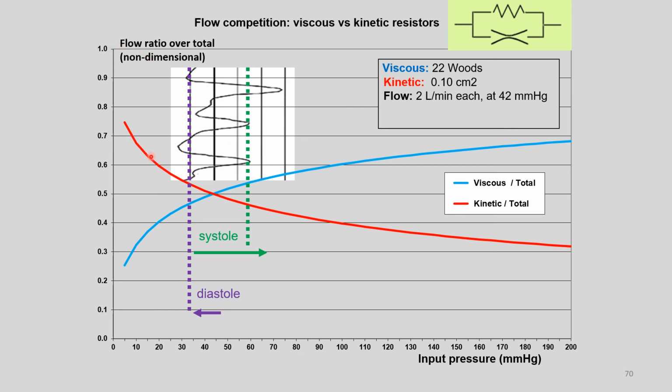But the point here is that at the high systolic, so this is the flow going from diastole towards systole, as the pressure goes up, you have more contribution of the visco flow to the circulation, to the amount of flow, and when the pressure goes down, then you may have more contribution of the kinetic flow. So it's like a selective approach.